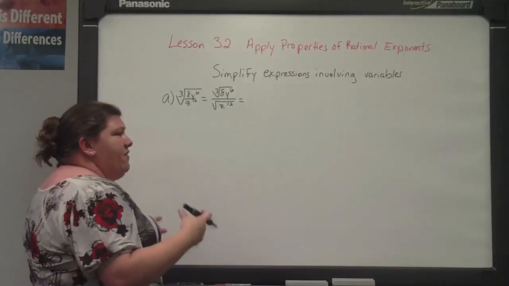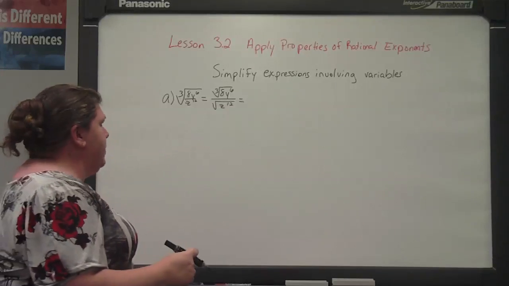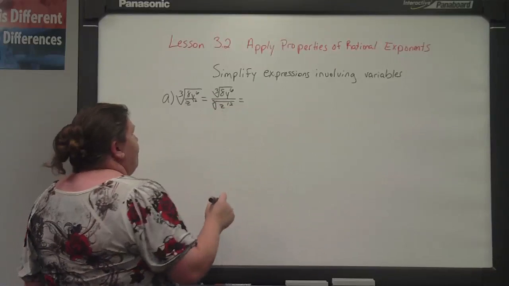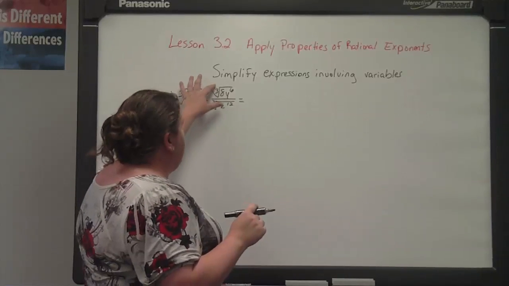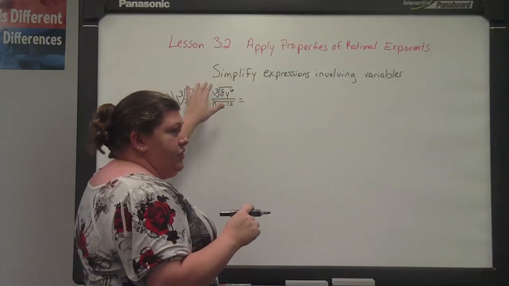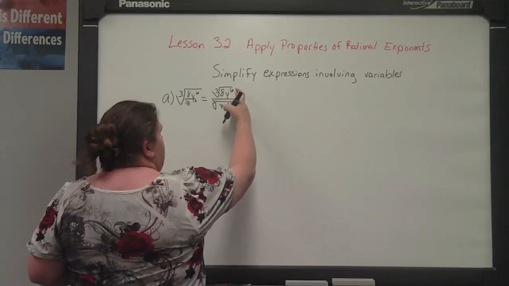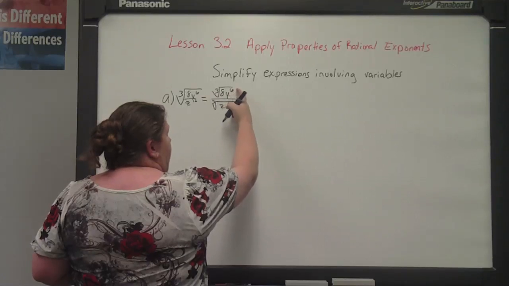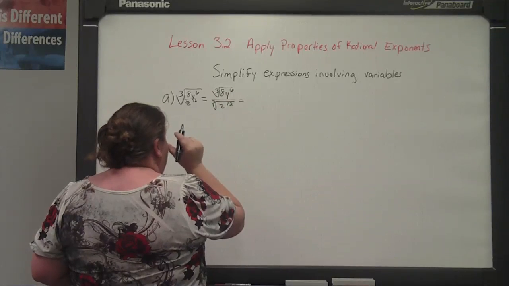Now when you're looking at variables, it's a little different because, whatever your index number is, you have to keep in mind that for every 3 y's, you want to bring out 1.